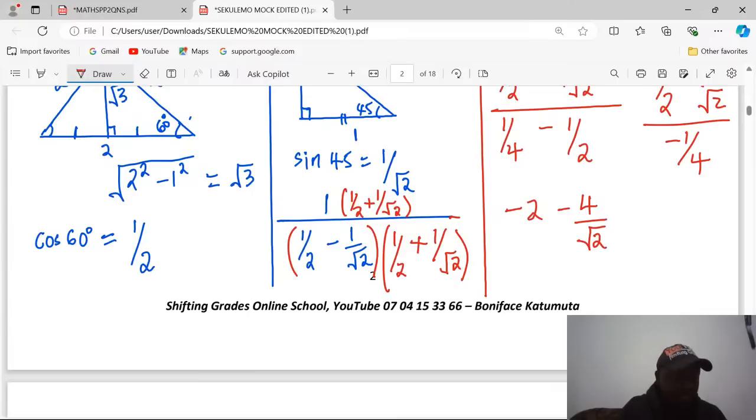Let's continue learning together. Mathematics paper 2 is among the easiest papers. So to finish up, we can again now multiply. We can simplify this part of the answer, -2, then minus.